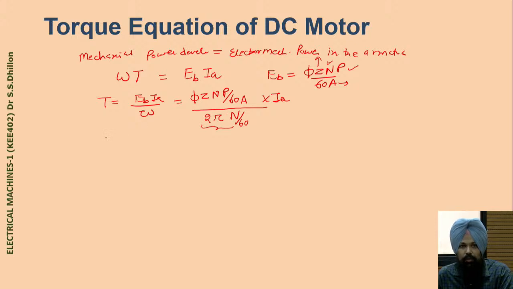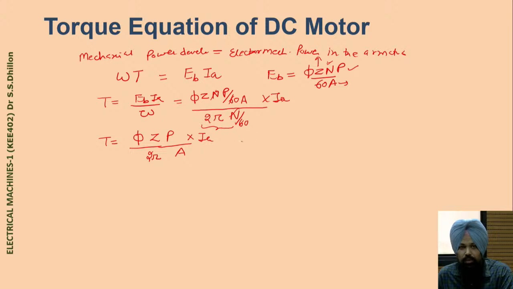The torque comes out to be, this is the torque equation, phi Z, N is going to cancel out, 60 is going to cancel out, divided by 2 pi as it is, and then divided by A, the parallel path, and the number of poles as it is, P, phi Z into P multiplied by Ia. Okay, this is the particular expression for the torque.